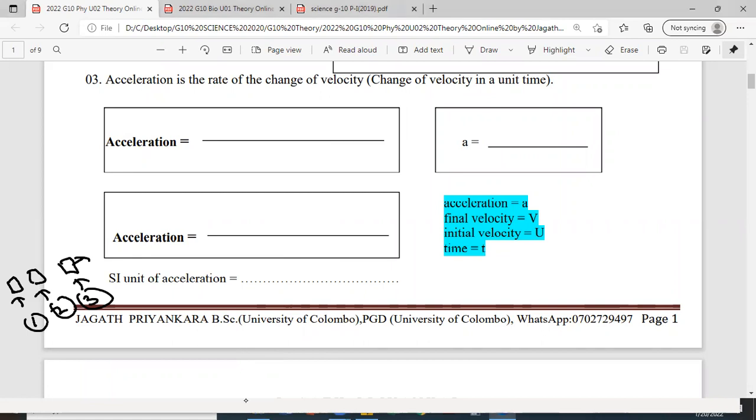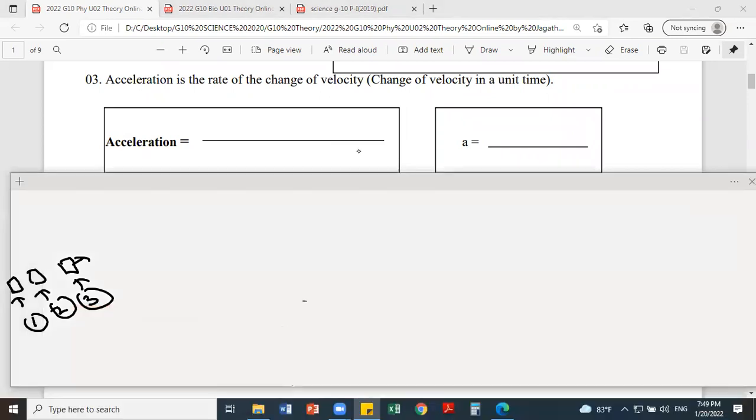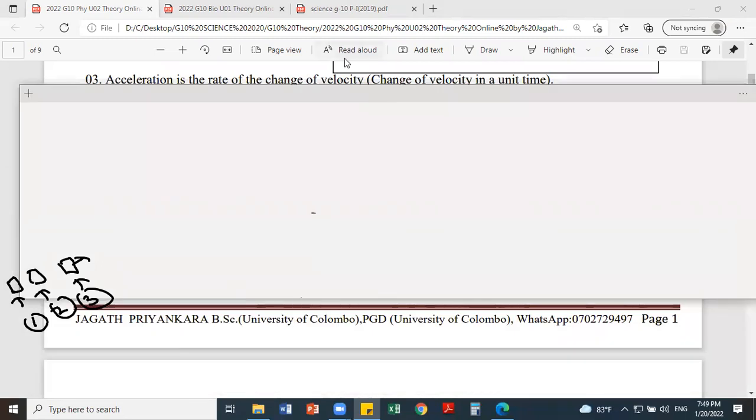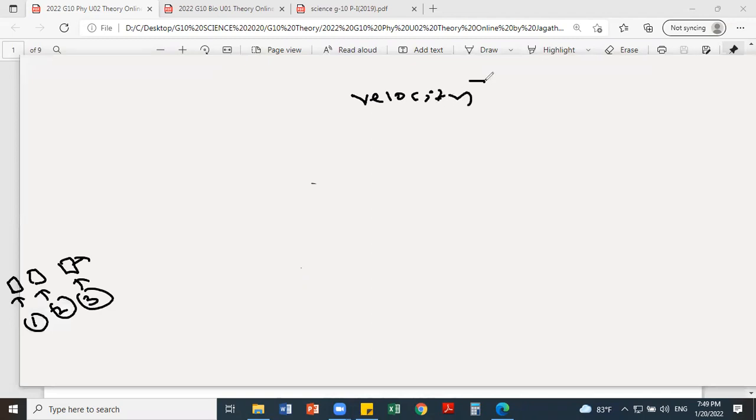Right here, I'll use this white background. You can write here: velocity increase, velocity decrease, velocity no change. You can copy this in a short notebook. If I write here velocity, there are three things.